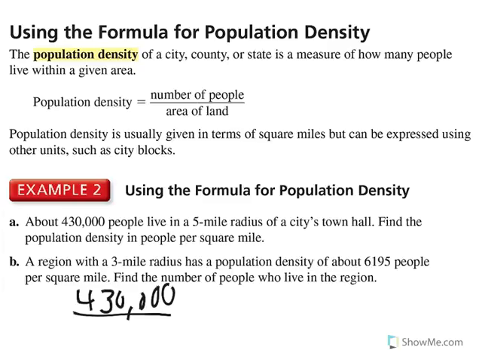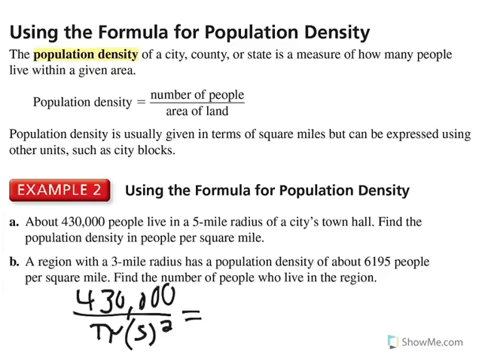But we have to put that over the area that we're discussing. So we need it to be in square miles. But we're talking about these people live in a 5-mile radius. So if we have a radius, that means we're talking about a circle. So for area of a circle, it's pi r squared. So if I just plug that part into the denominator, I'm going to have pi. And then instead of my r, I'm going to put in 5 squared.